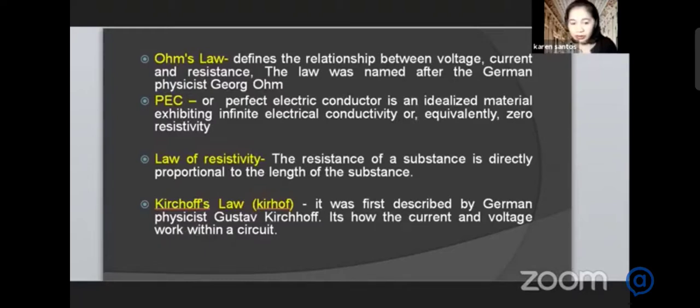And Kirchhoff law was first described by the German physicist Gustav Kirchhoff. It describes how the current and the voltage work within the circuit.